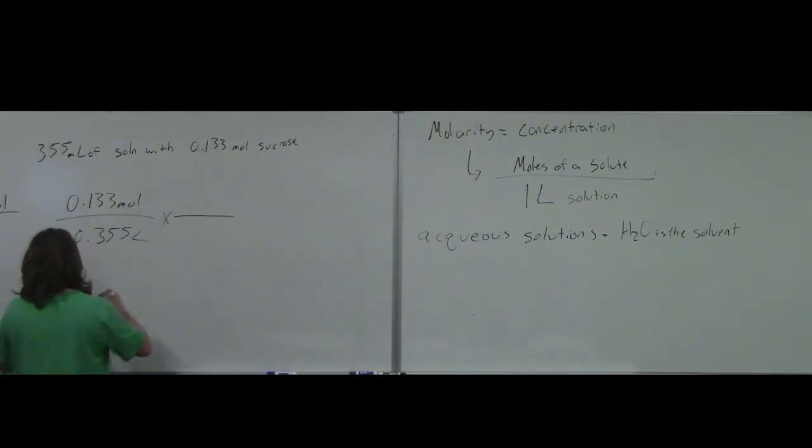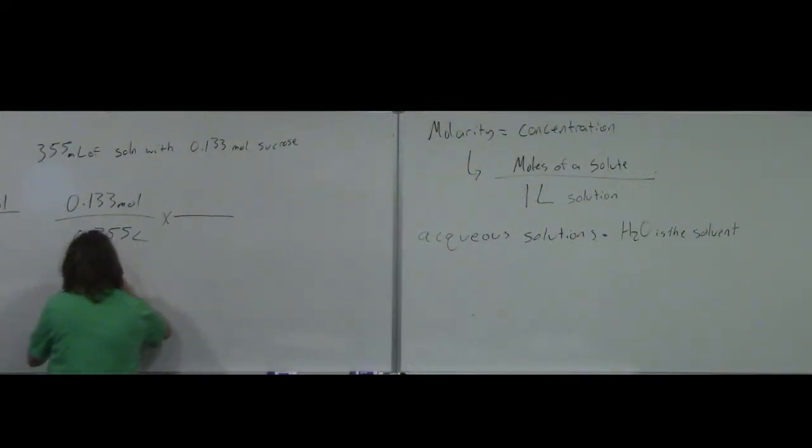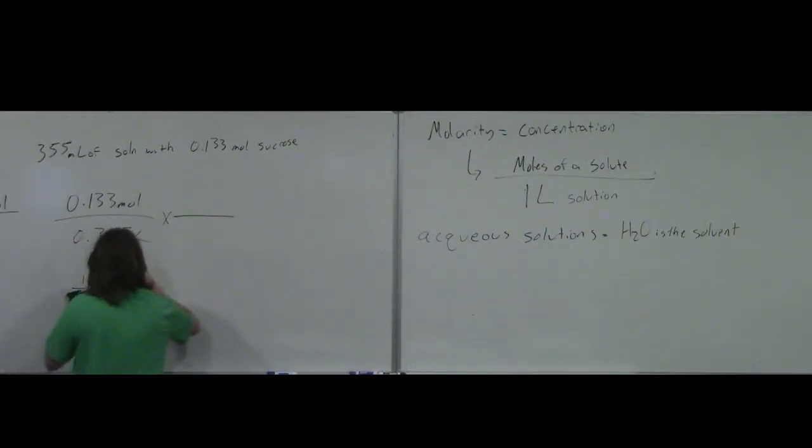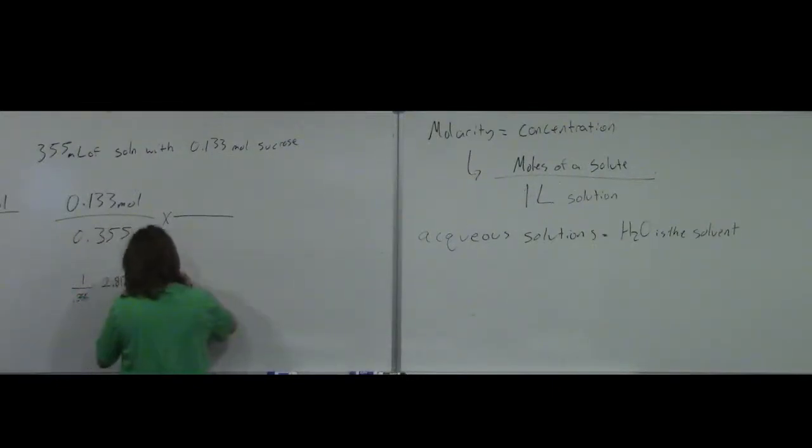So if you divide 1 by 0.355, you get 2.817, and then you multiply that by that, and you get 0.375.